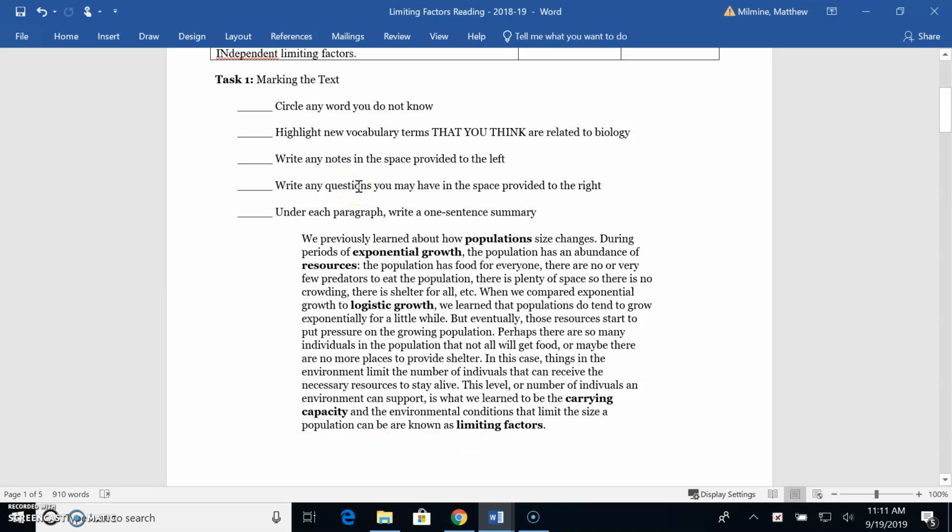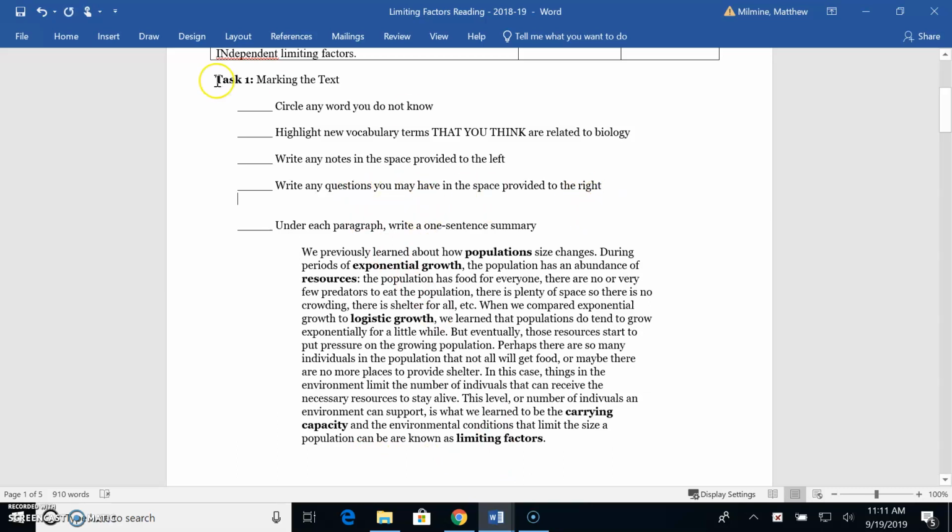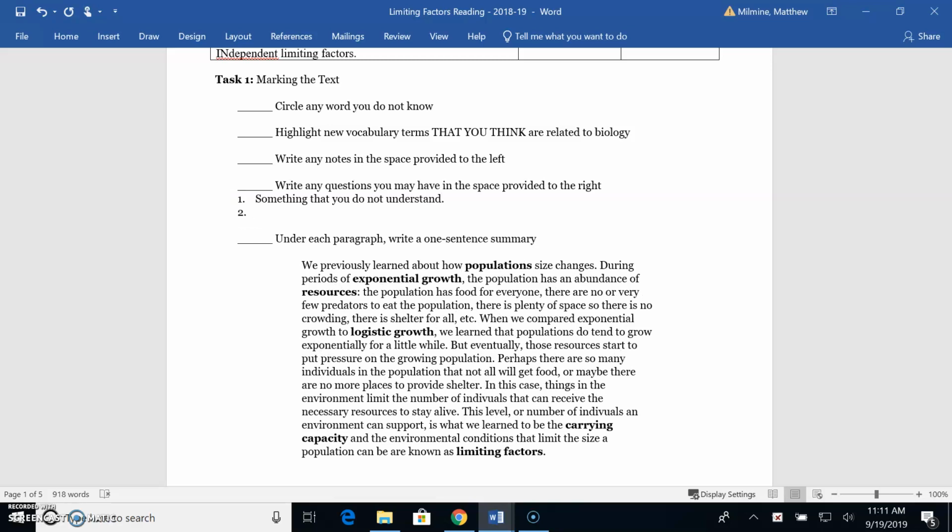The questions really can come in one of 3 formats. They could be questions tied to something that you do not understand. The question could be, now that you know what you just read, what else do you want to know?